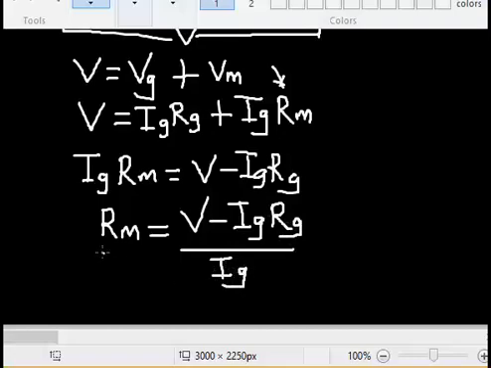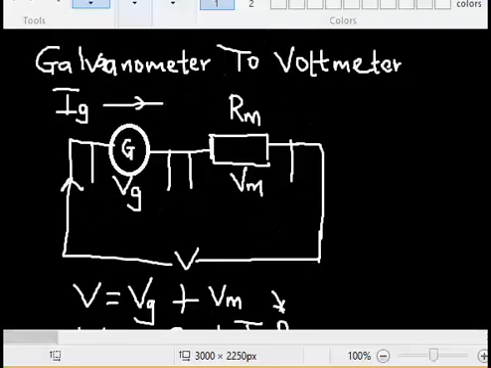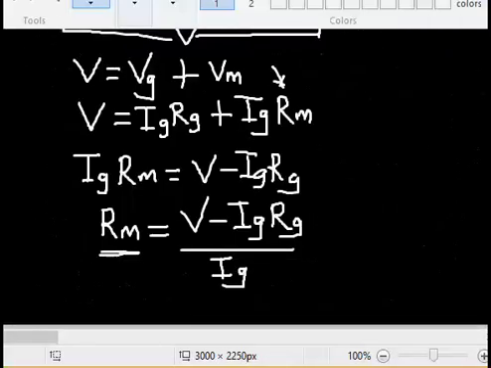This is the formula we use to find the multiplier that is used to convert a galvanometer into a voltmeter. So please take note of that. Take note of this. Then of course take note of this.